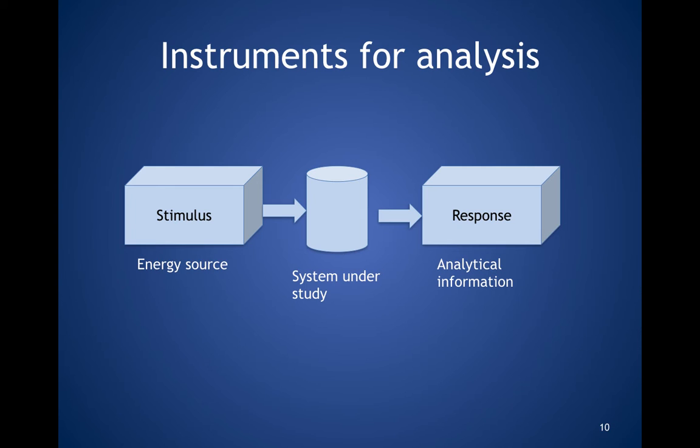In general, the instruments for analysis need to have three basic aspects. You need to have a stimulus, for example radiation, which is an energy source. Then it interacts with the sample, which is the system under study, to give you a particular response or analytical information. So again, stimulus, system under study, and then response.